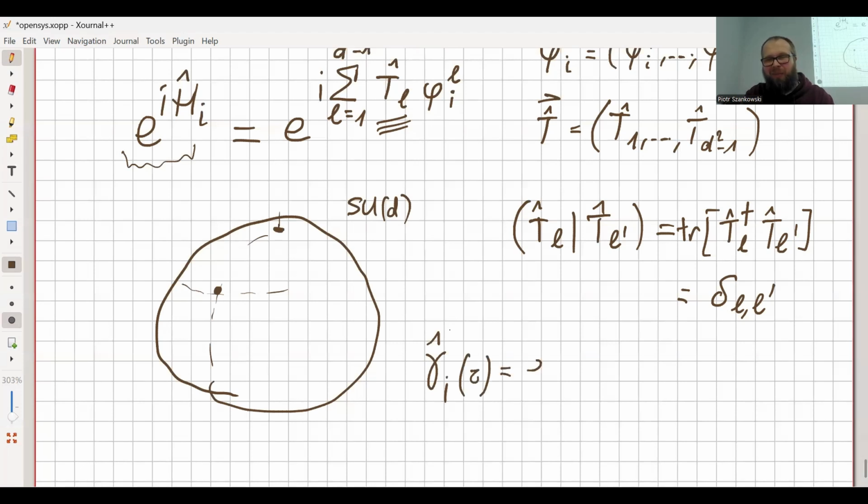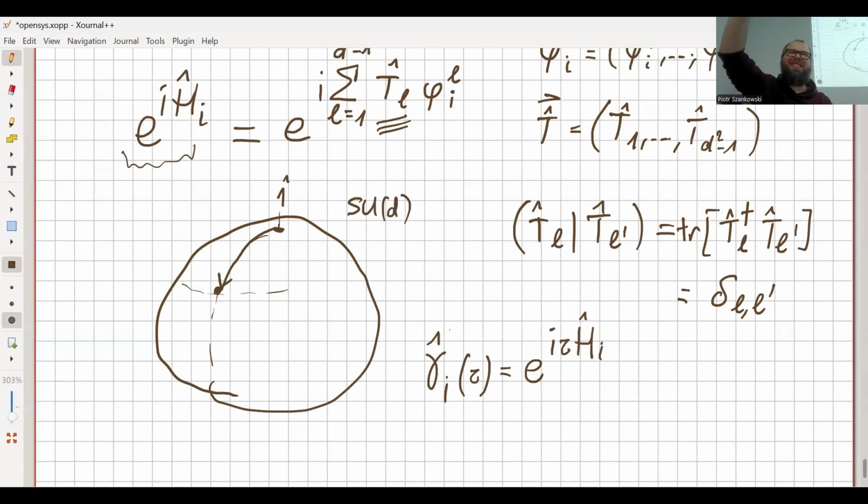You define your path U(tau), which would be simply e to the i tau H, where tau goes from 0 to 1. Then this is a path in the sense that it starts at the pole, at identity, and then it goes along the meridian. I think this is called meridian, from geography, latitude, longitude.